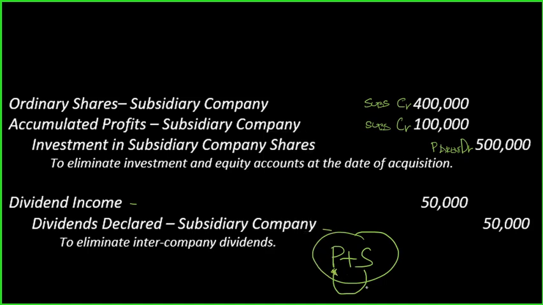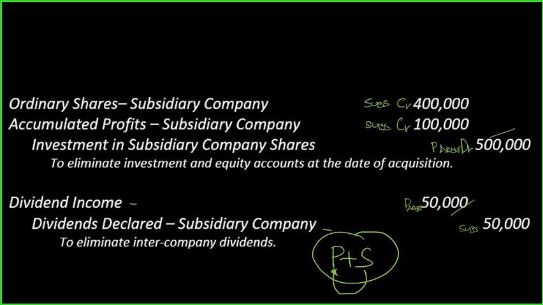Now, as one entity, you cannot do that, because you would be earning from yourself. That's why we are going to eliminate this. This one is found in the books of the parent, while this one is found in the books of the subsidiary. So, after doing that, these accounts are gone.